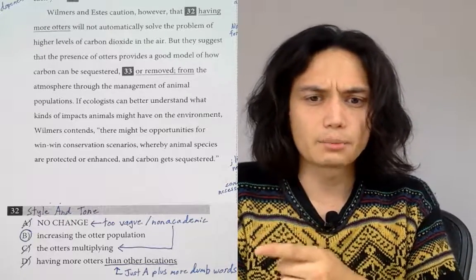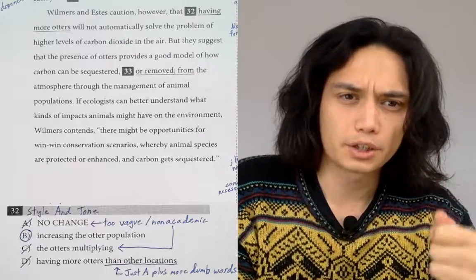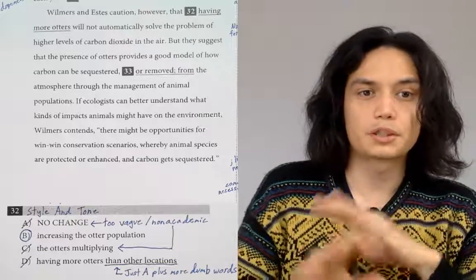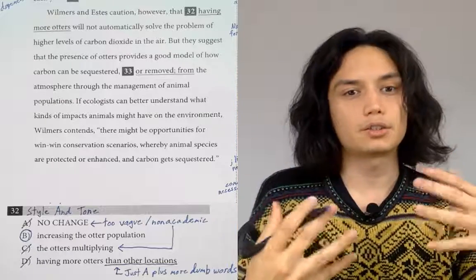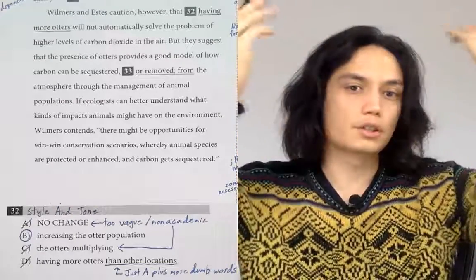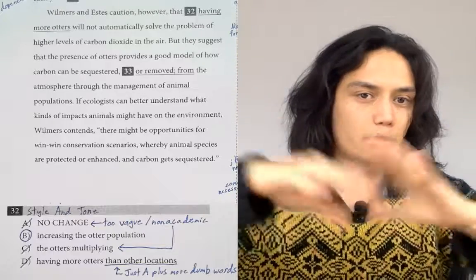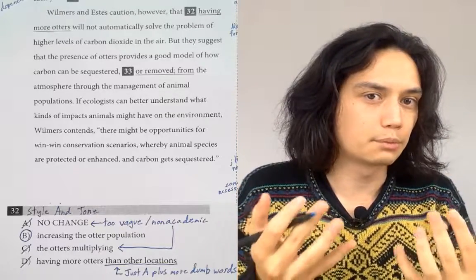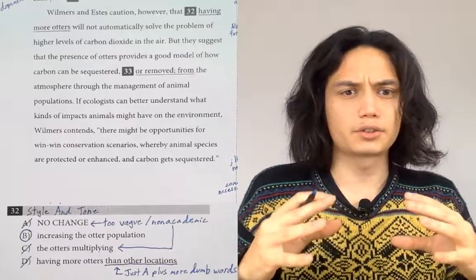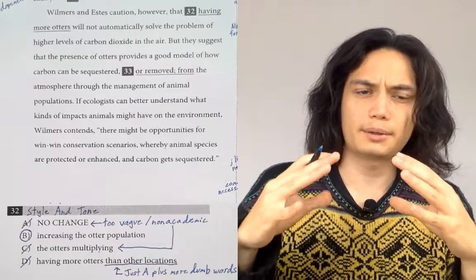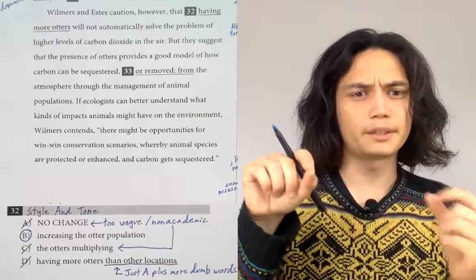And here, having more otters than other locations is almost explicitly wrong. Here, Wilmers and Estes are saying we can't just raise the number of otters and solve global warming that way. We can't just cover the world in otters and have global warming be solved. We're talking about the effects of otters on global climate change, so it's not about having more otters in one place than in another.